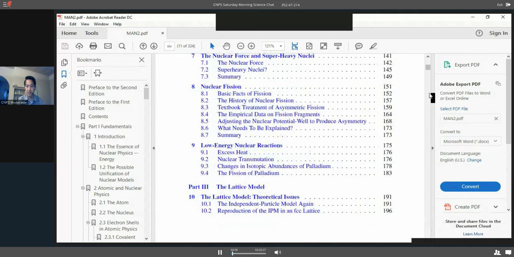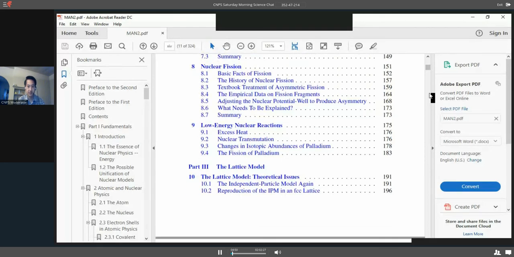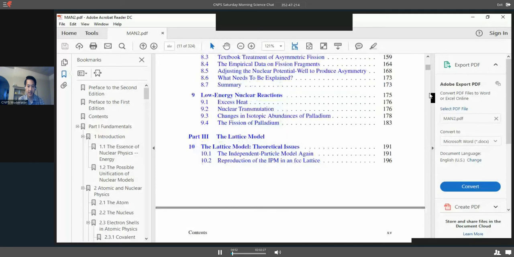They say things about asymmetric fission here. When you split the uranium atom, it very rarely splits in half, actually. It's more likely to split into a 1/4 and a 3/4 fragment than a half. So that's a question. And then they have a section on low energy nuclear reactions. That may be new to the second edition.